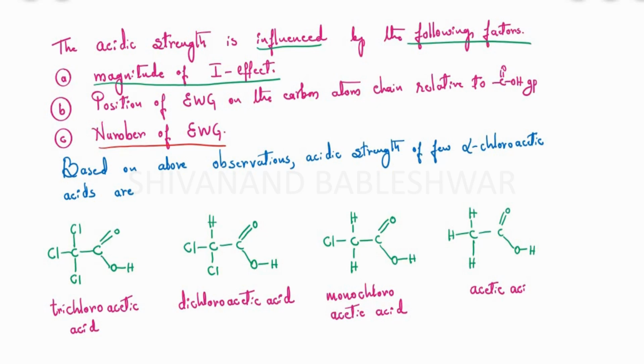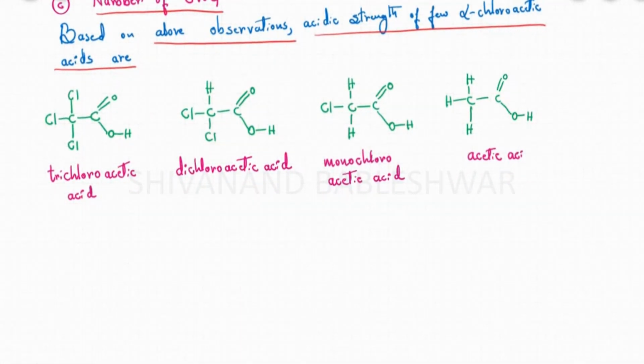Fine. So based on the above observation, that is A, B, C, I have taken some examples that are going to determine the acidic strength of few alpha chloroacetic acids. The examples, you can see that I call this 1, this 2, 3 and 4.